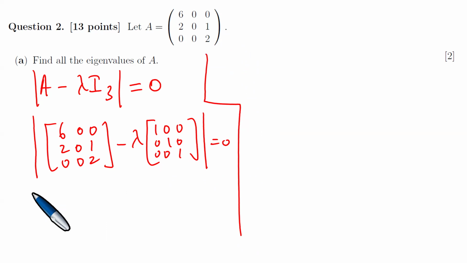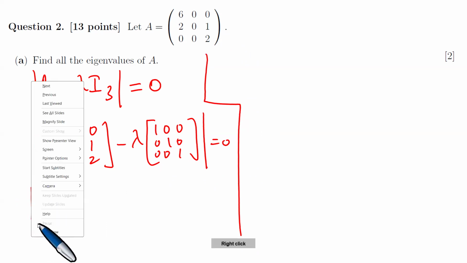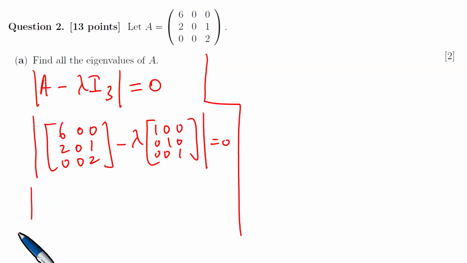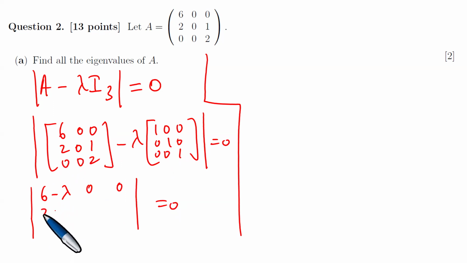What we have here is the following. We go down like this. So this would be exactly 6 minus lambda, 0, 0, then we have 2.